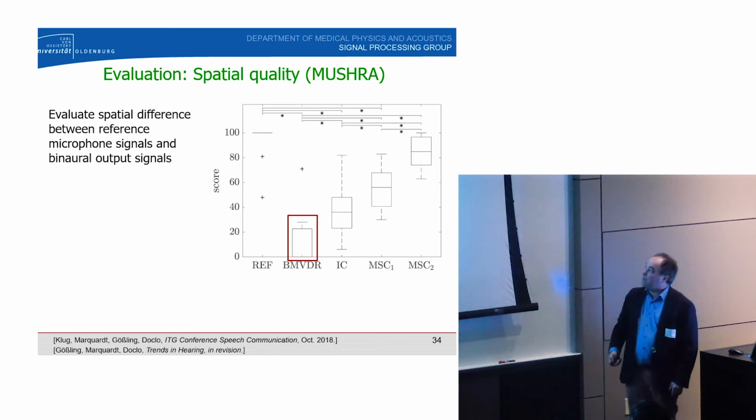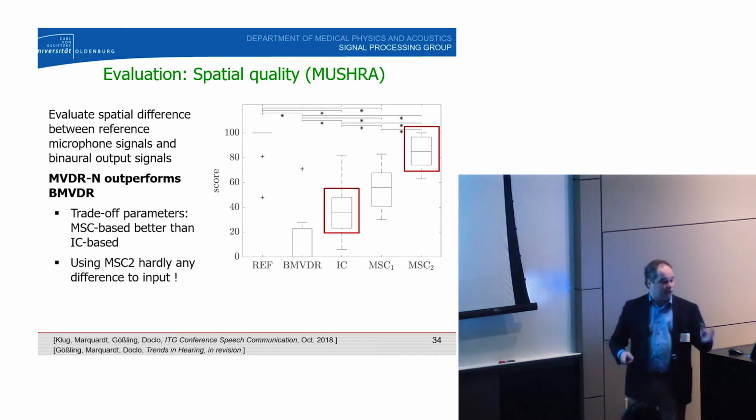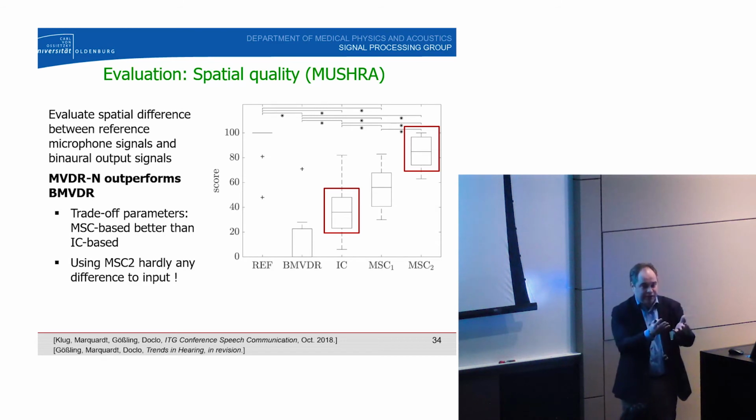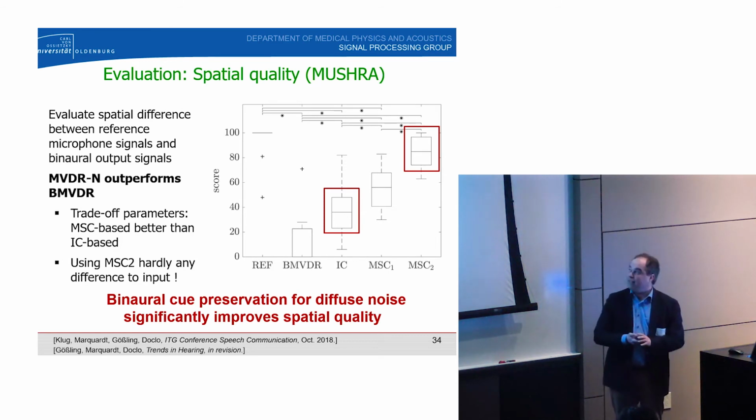And then for all the different mixing algorithms, there are different versions. You can see that one of these versions is actually pretty close to the input signal. So spatially at least, these signals are perceived almost no differently from the noisy microphone signals. That seems good. That's at least what we wanted to achieve. Binaural cue preservation can significantly improve the spatial quality or awareness.